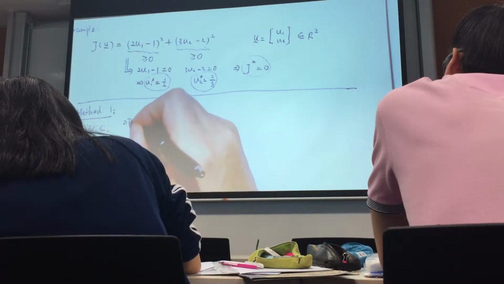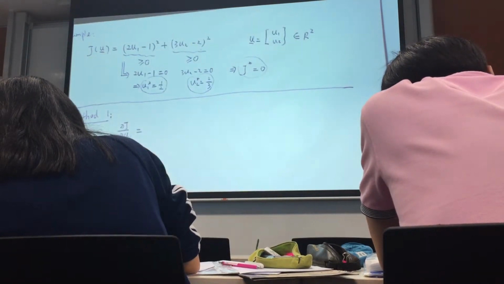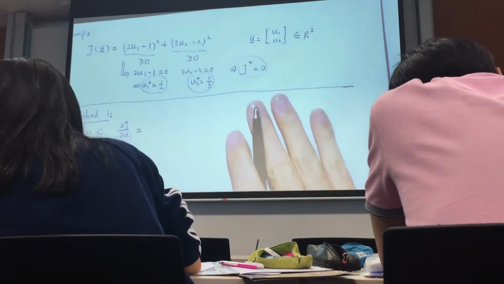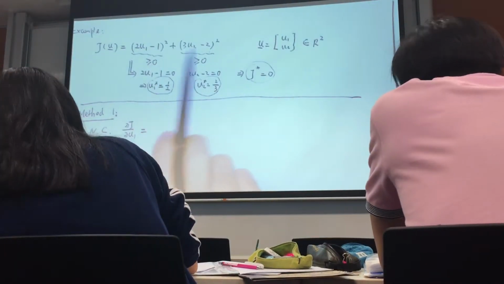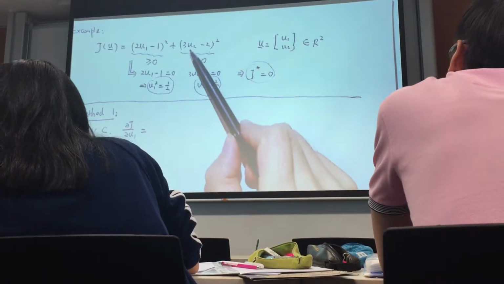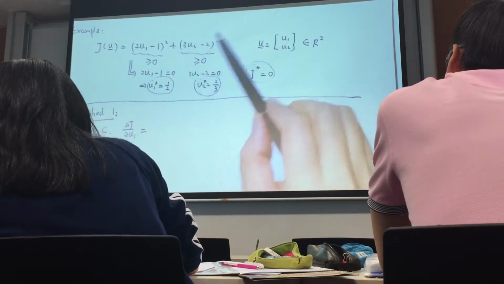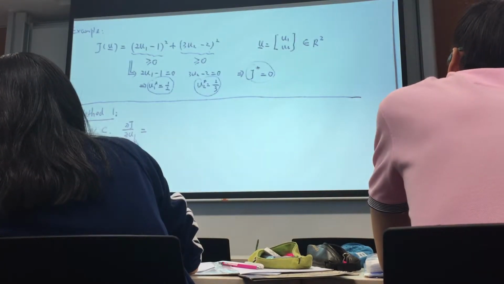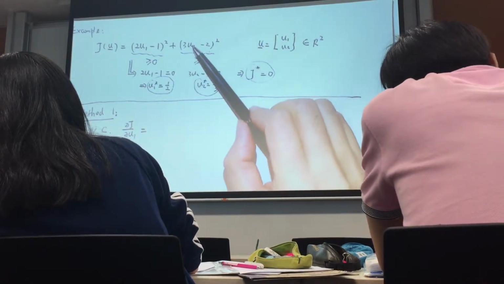This is evaluated by dJ/du1, which we know will be equal to 0. We check this equation. This part is only in terms of u2, so this will become 0, because we are evaluating the derivative in terms of u1, so it is a constant.